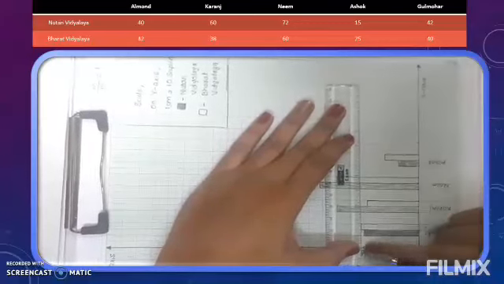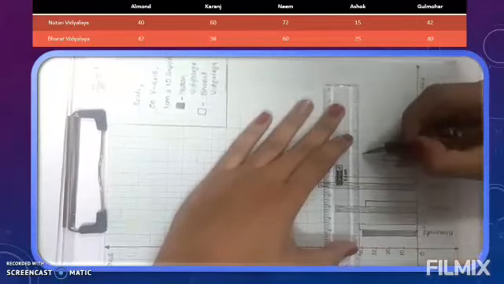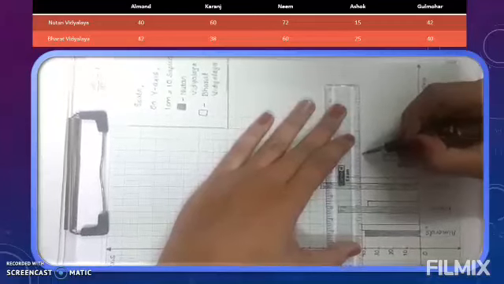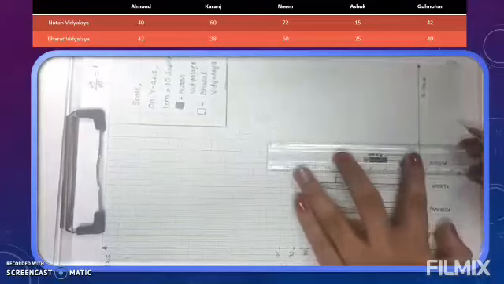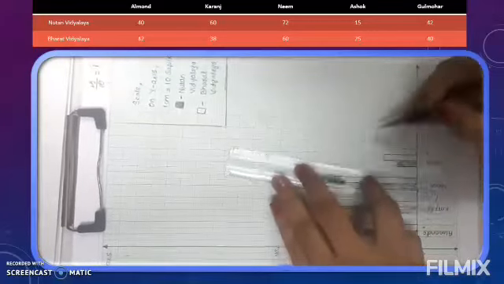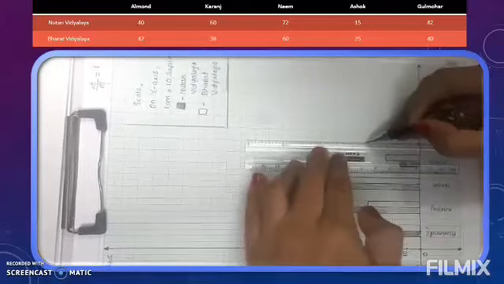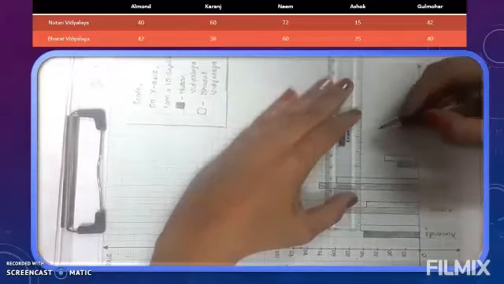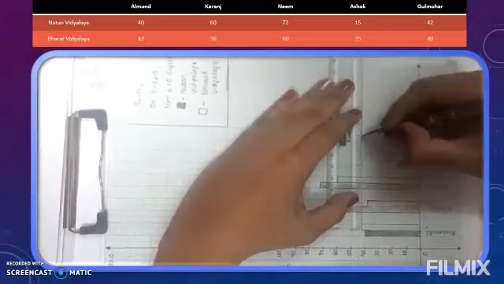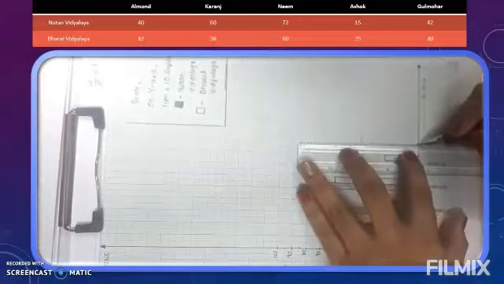See, this is 40. 40, then the first thin line will be 41, then the second thin line will be 42. So we'll extend, sorry, here you have to see I have plotted here. So 40 is here, then the second thin line. So for better, what we will do, we will join these two bars first, then join the line.